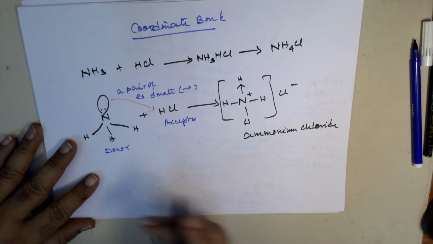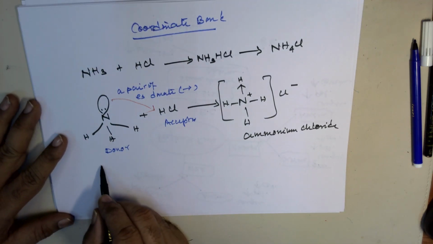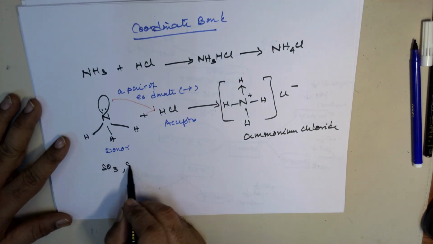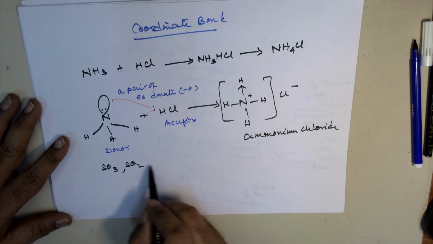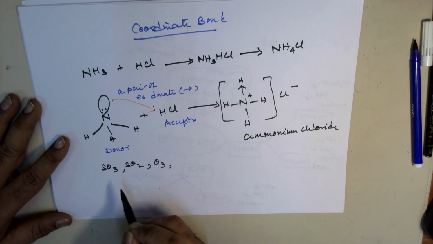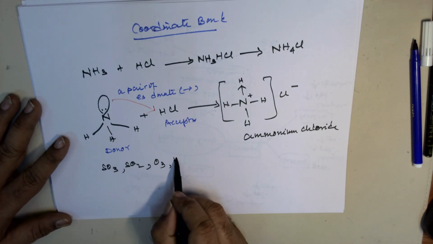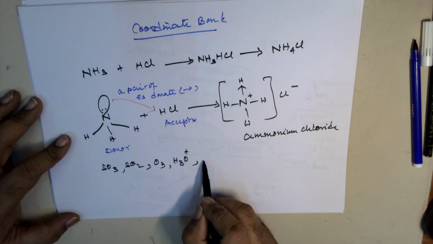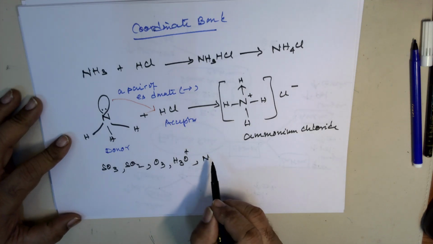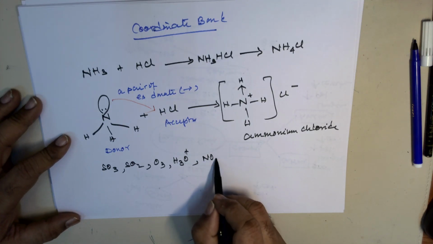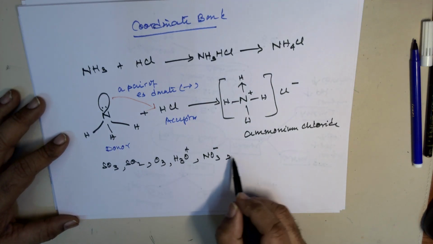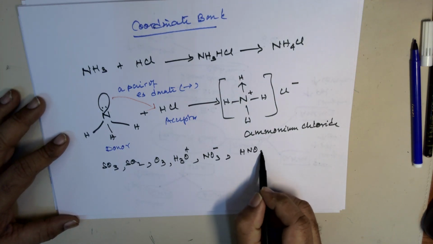You can go through your textbooks for various structures like sulfur trioxide, take down, SO2, O3, ozone, hydronium ion, H3O+. Then you've got NO3-, the nitrate anion, and nitric acid, HNO3.